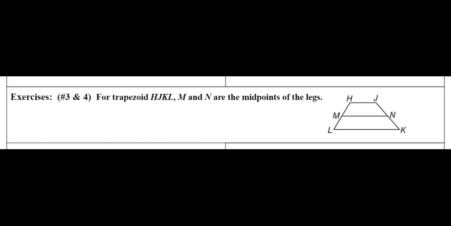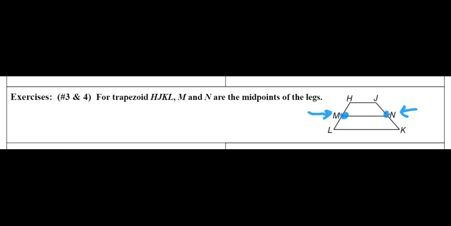For the next exercise, for 3 and 4, we are told that trapezoid HJKL has M and N at the midpoints of the legs. So M and N are midpoints of the legs. Okay, that's what they tell us.